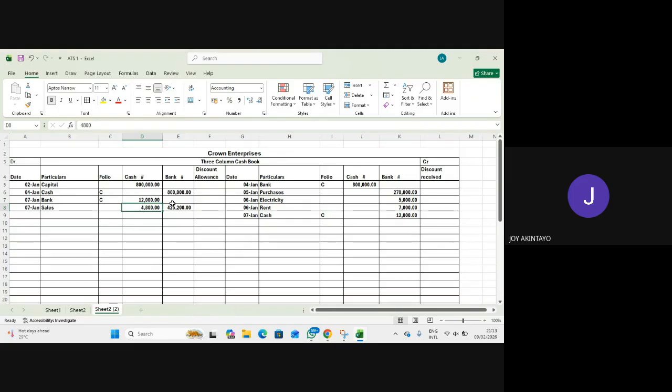So next thing, June 8th. Paid Lekan by check 151,000 and received discount of 3,200.